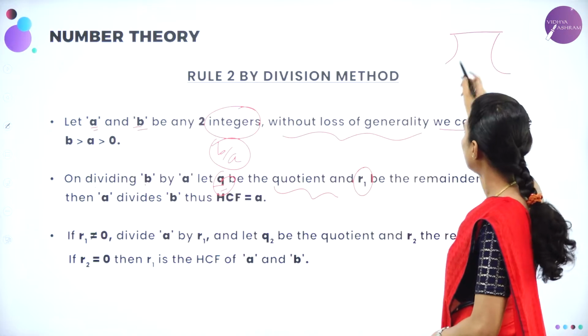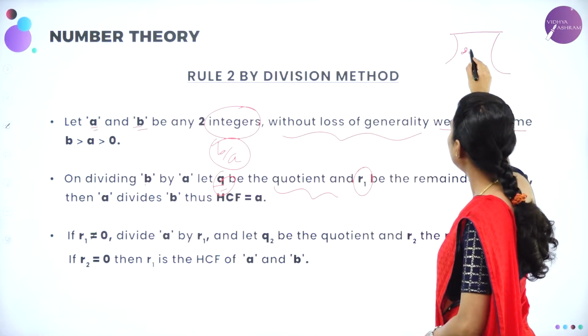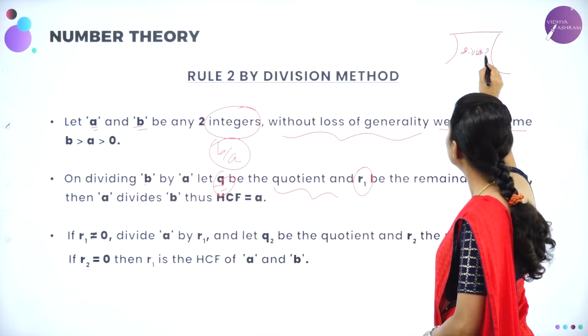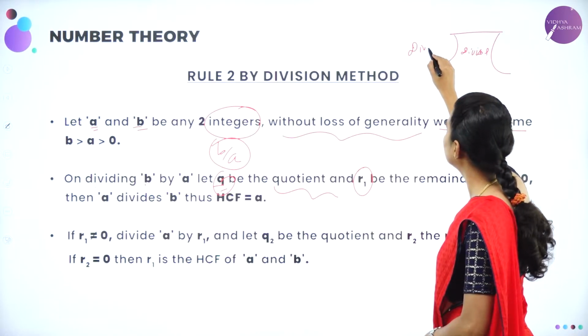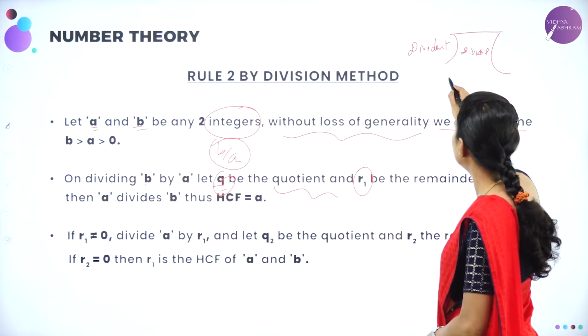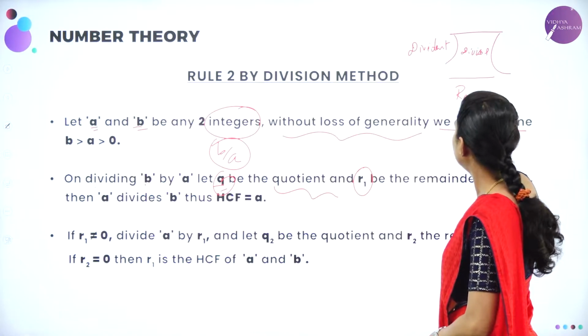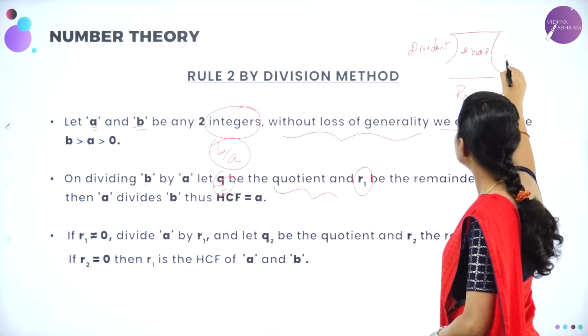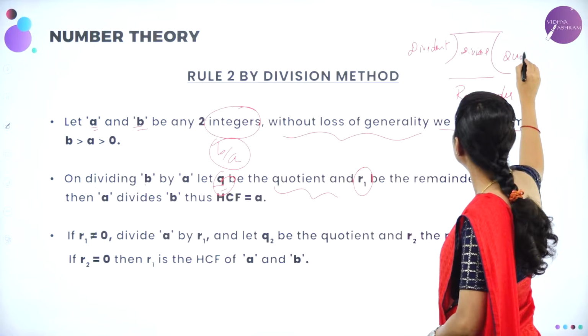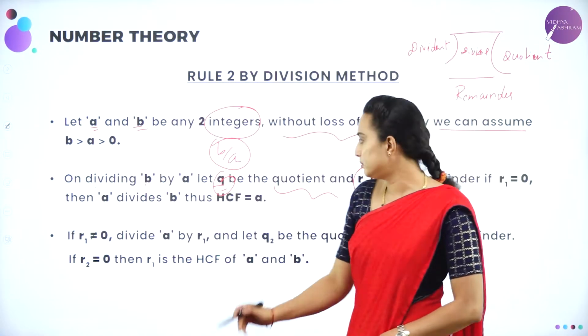Here you are going to have the divisor, here the dividend will be there, and this will be the remainder, and this is the quotient. I am going to call that quotient Q.